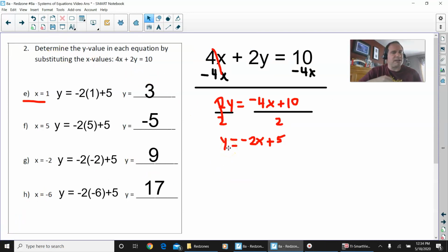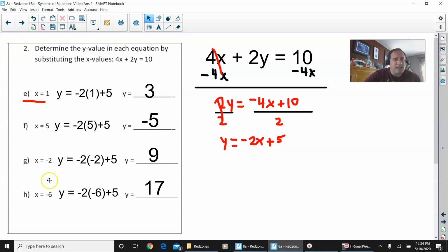All right, so there we go. I substituted in. For F, I substituted 5 in for x. I have y equals -2 times 5 plus 5, and I got -5. For G, I substituted the -2 in for the x. -2 times -2 is +4. +4 plus 5 is 9.